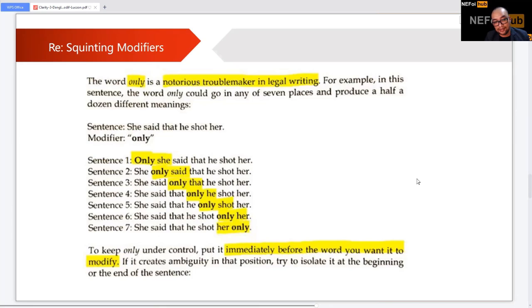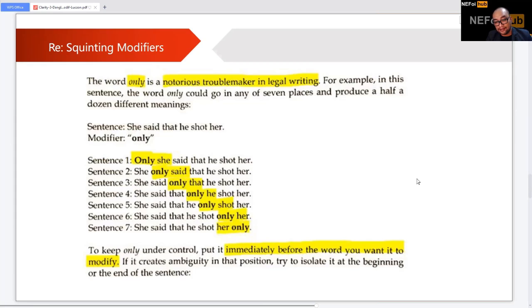Sentence 1 modifies she, the female person. The second modifies the things that the female subject said. Third modifies the action. Fourth modifies the male person.